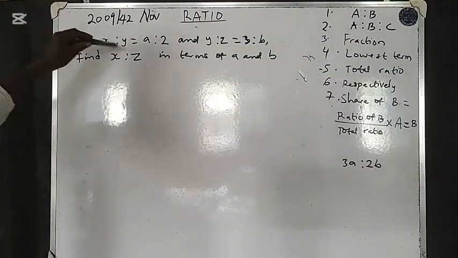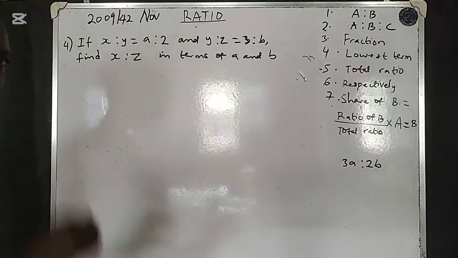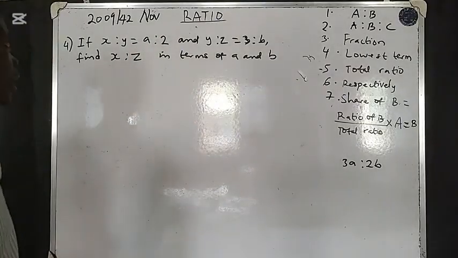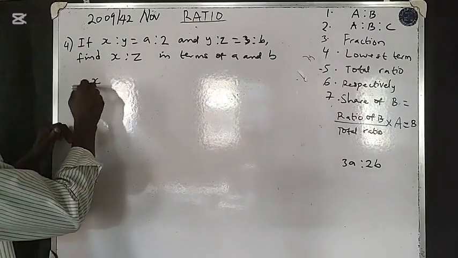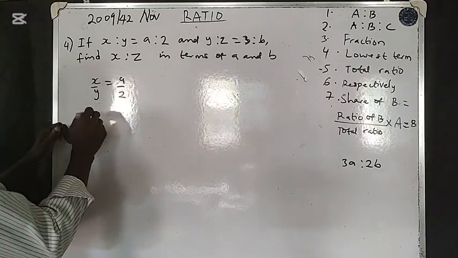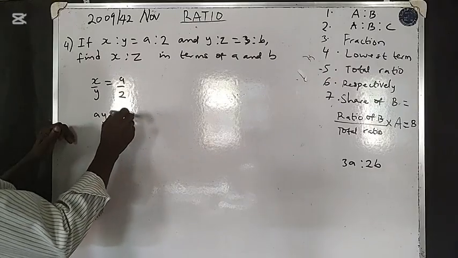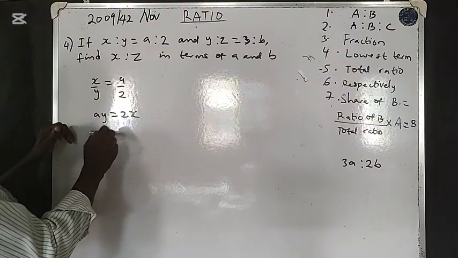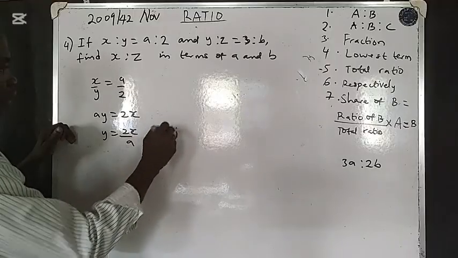So we can see that y is common, right? Y is here, y is here. Let's make y subject in both equations. So we say x over y equals a over 2. When we make y subject, we have ay equals 2x. Then we have y equals 2x over a, equation 1.